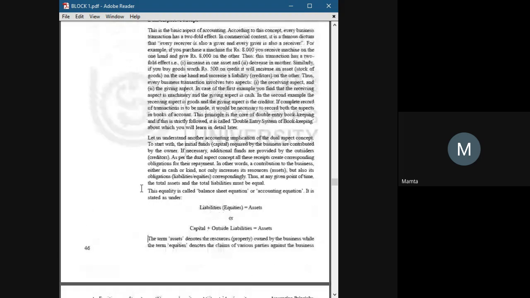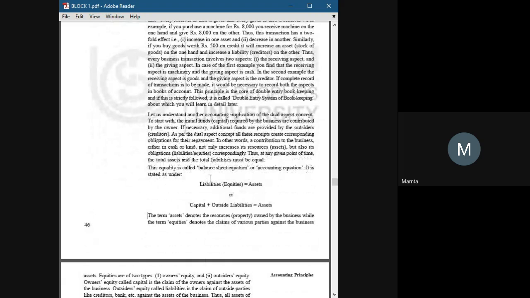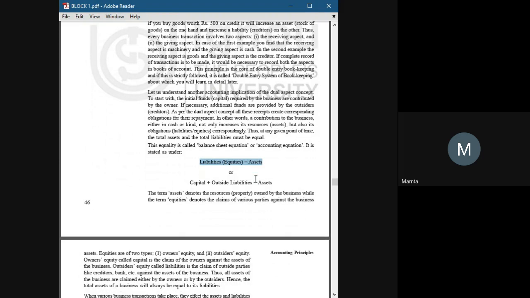Why do we do so? Because in the balance sheet we always have to show that liabilities are equal to assets. Liabilities are also known as equities, and we can further divide liabilities into two parts: capital plus outside liability. As I said earlier, capital is the owner's investment, and it is considered a liability.